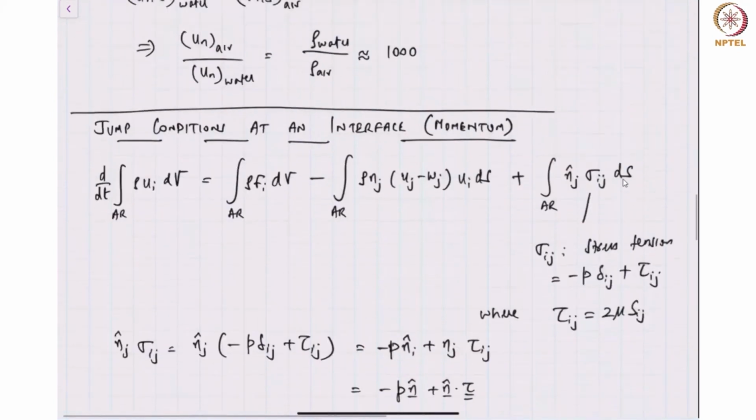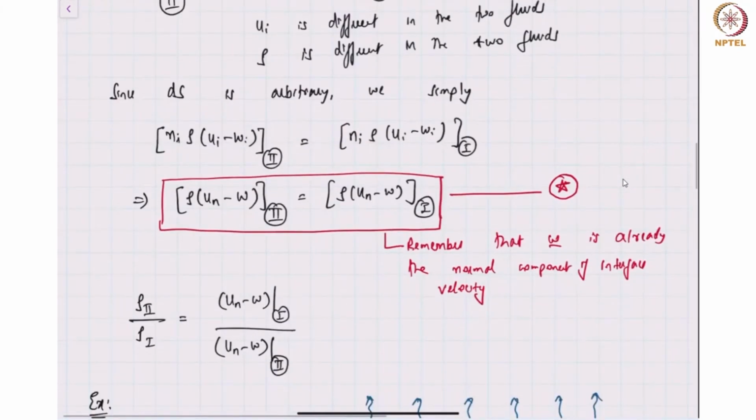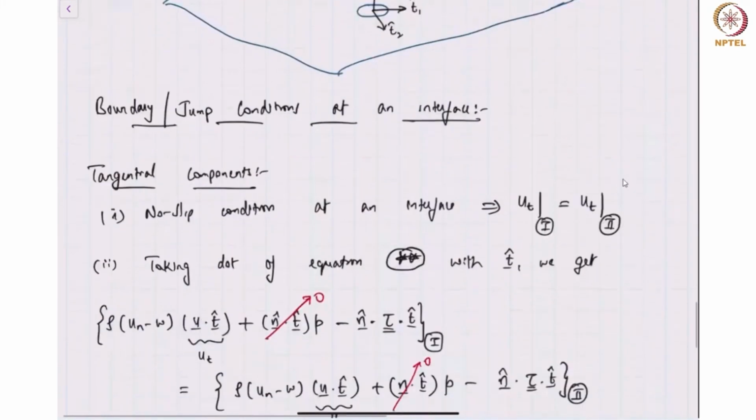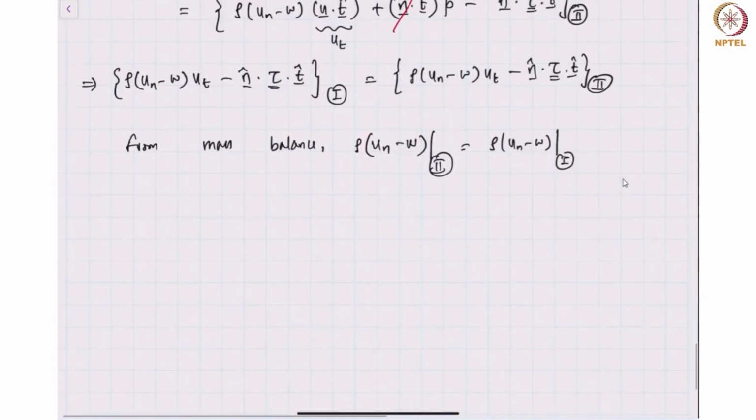I'm going to show it here. This is rho (un minus w) over the two regions across the interface being the same. If I use this relationship, the terms that I'm highlighting are exactly the same.